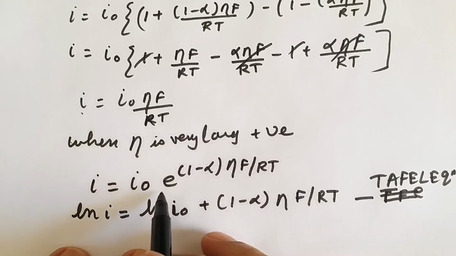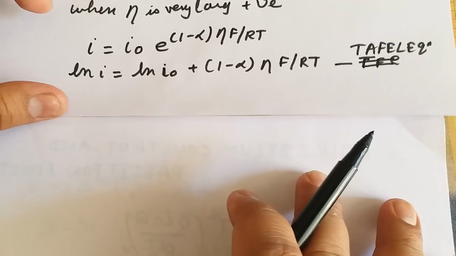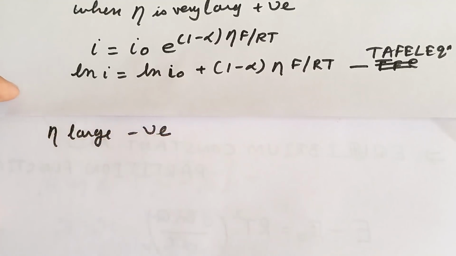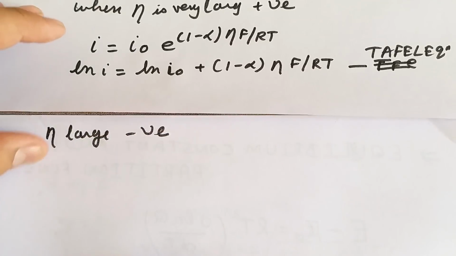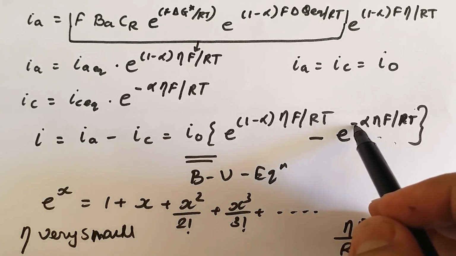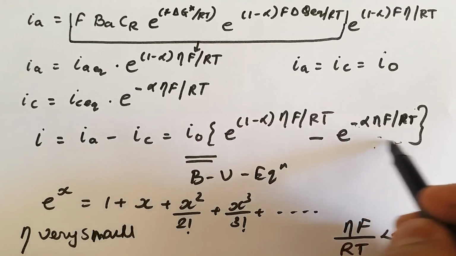Under such circumstances, the current will be the anodic current. Now when we consider that the value of η is very large and negative, then in this representation, for a negative value, this term will become positive and this term will be negative, and hence the current will be the cathodic current.